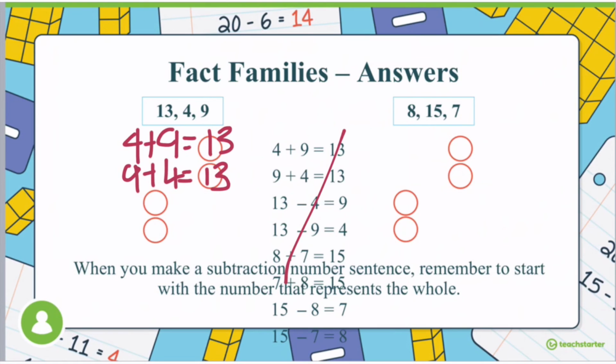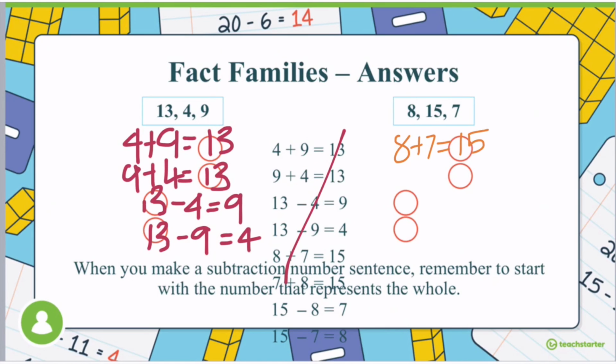Our next one is 13 as our total. 13 minus 4 is equal to 9. And 13 being our total goes at the start, minus 9 is equal to 4. And then across on the other side, we've got, to start off with, 8 plus 7 is equal to 15 as our total.